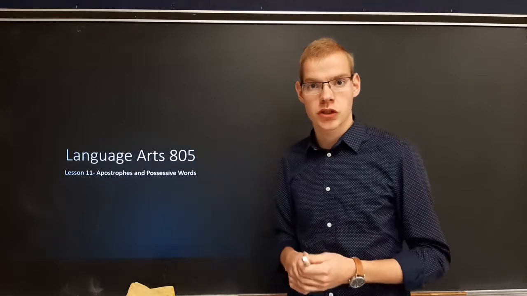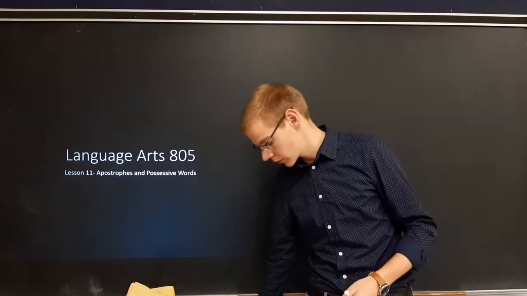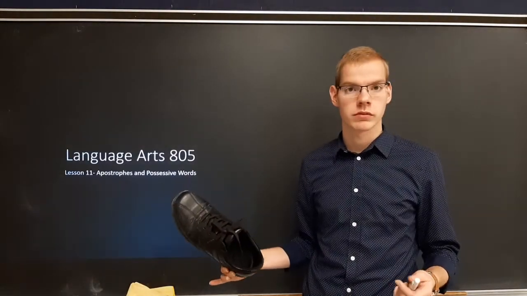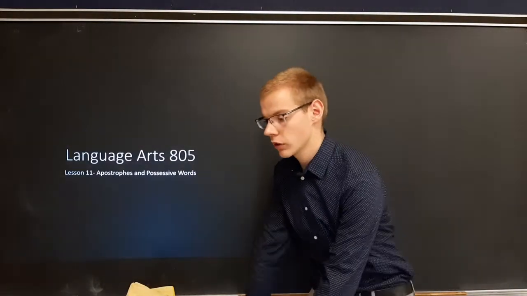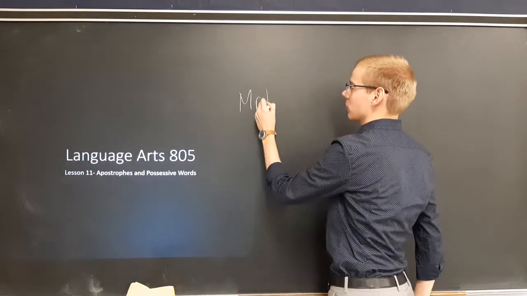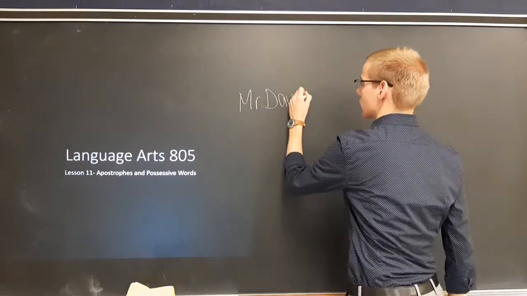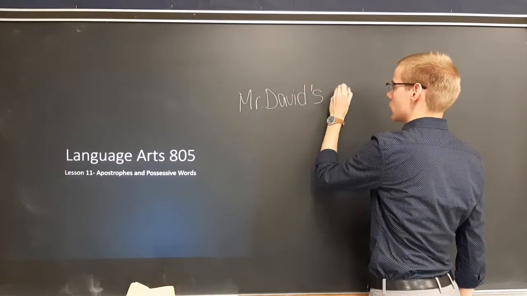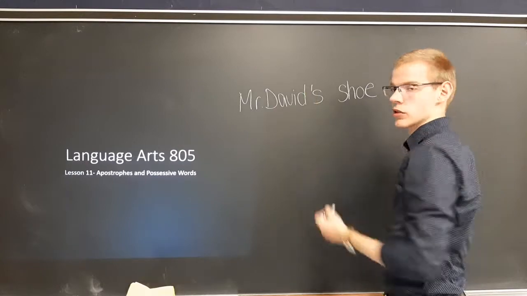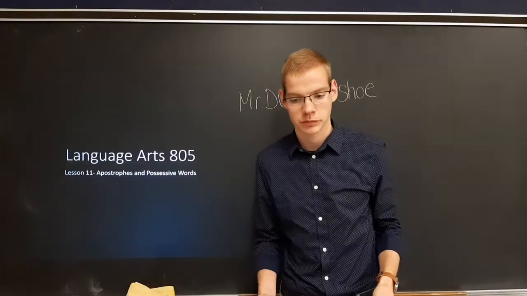So, Mr. David's shoe. How do you write this? I would write, okay, let me get my shoe back on. Mr. David's shoe. So you add apostrophe S. Pretty simple.